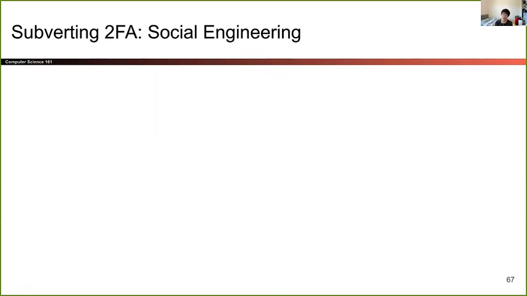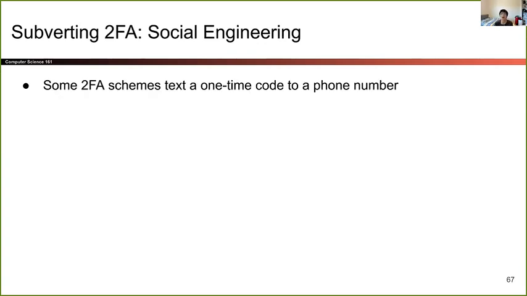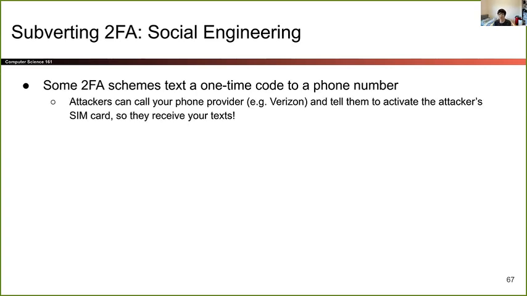There are also social engineering attacks. So we're still talking about human factors here. Some 2FA schemes rely on texting a code to a phone number. So I log in, and then some machine sends a literal text message to my phone. The attack is tricky here, but the attacker can call your phone provider, say you use Verizon.